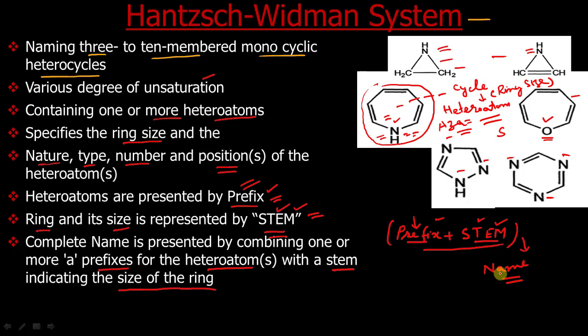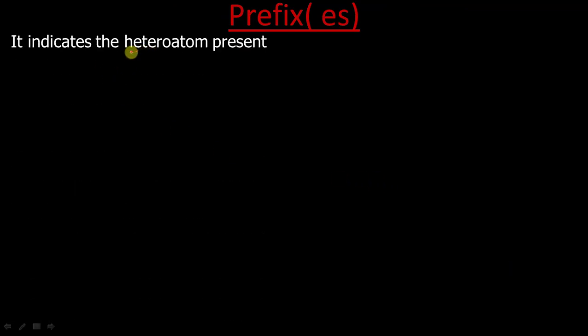Now let us first learn about the prefix. As we have already discussed, prefixes indicate the heteroatom present. So what is a heteroatom? All the atoms except carbon in the ring are considered heteroatoms. So what are the various heteroatoms that this system considers?